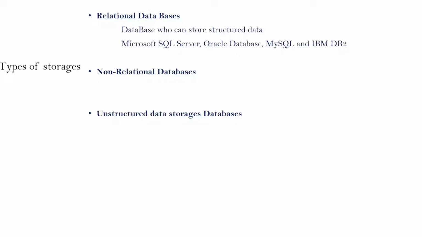Next we will see non-relational databases. Again, I gave you an example: data which has a structure but is not good to store in a relational database, like a JSON file. XML is another very good example of a non-relational data type.